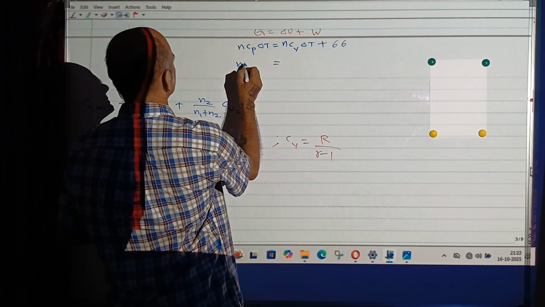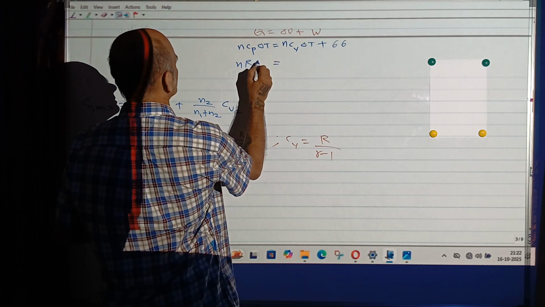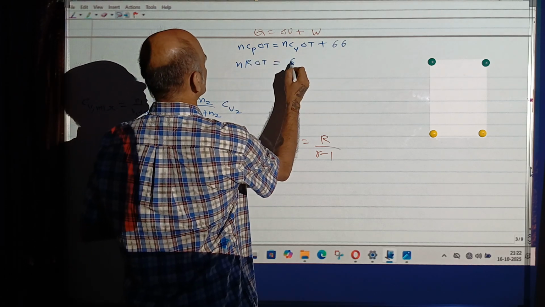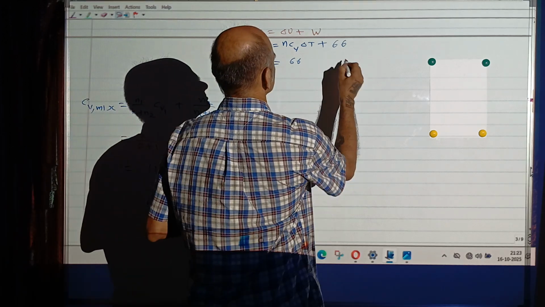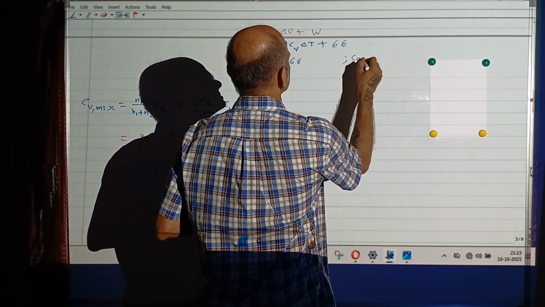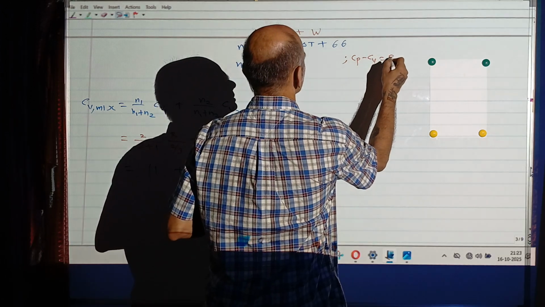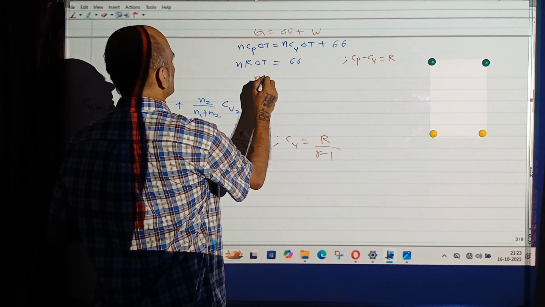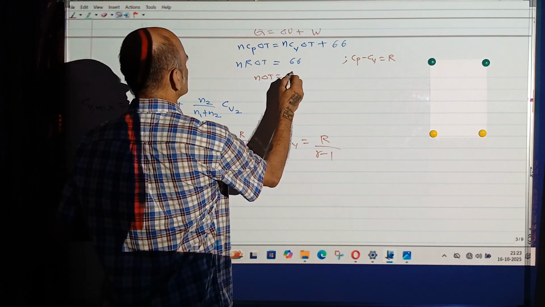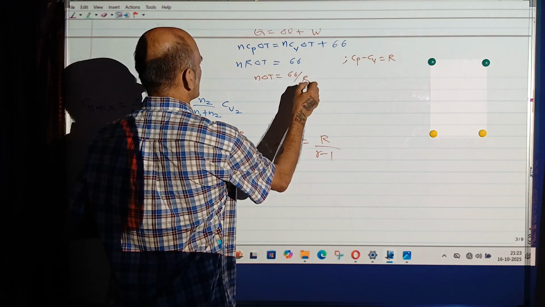N times Cp minus Cv is R, delta T equal to 66. I use Mayer's relation, Cp minus Cv equal to R. So from this I'll get N delta T as 66 by R.